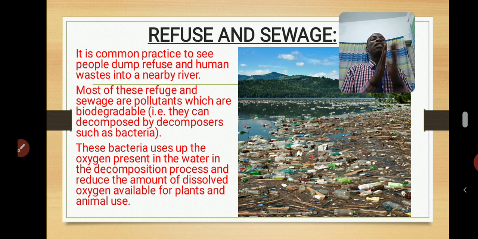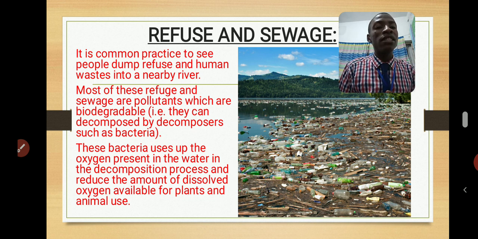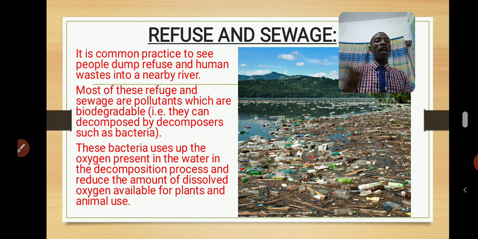So whenever there is rain, they always believe that that is the time to dump refuse, all the refuse of their home. They bring it out, pour it inside the gutter, and you know what will happen? The rain and the flood will carry everything, take it to the river. You can see this river that is in this page now, how everything has been polluted with domestic wastes.